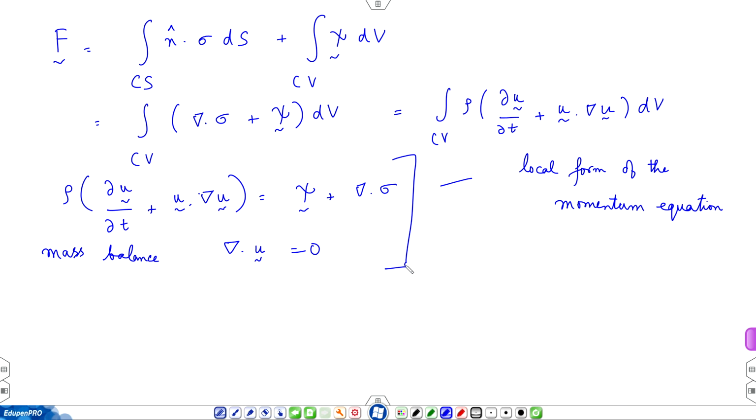Okay, so you will appreciate it is device independent, whether it is flow through a tube or flow in a pump or flow in a reservoir, flow in a nozzle, flow in a room, etc. The same equation will hold. You will also appreciate that the equations are in coordinate free form.